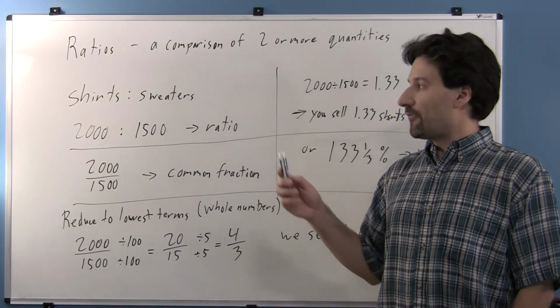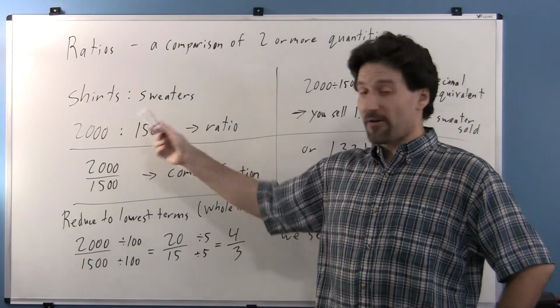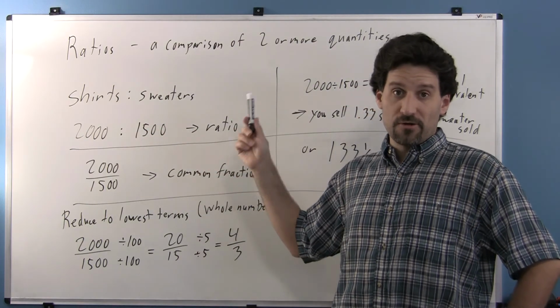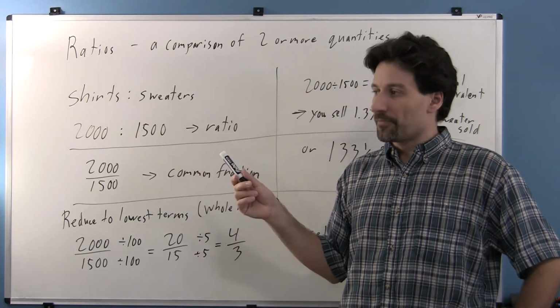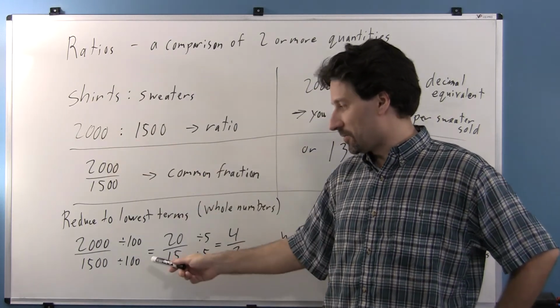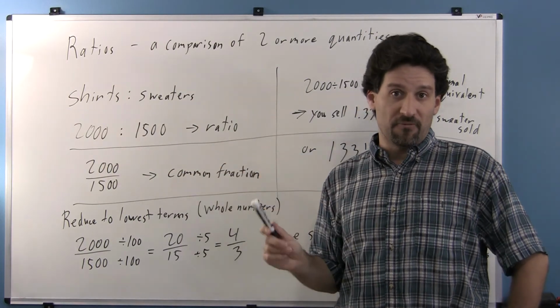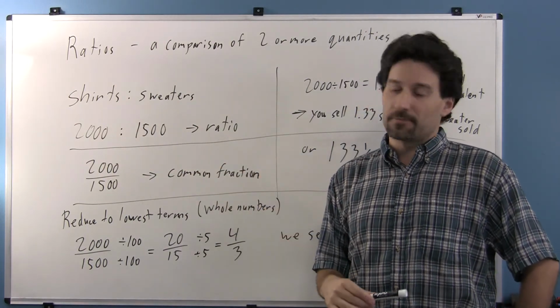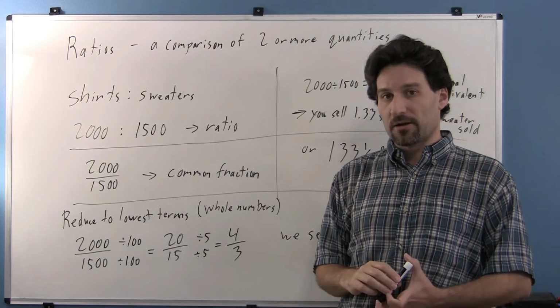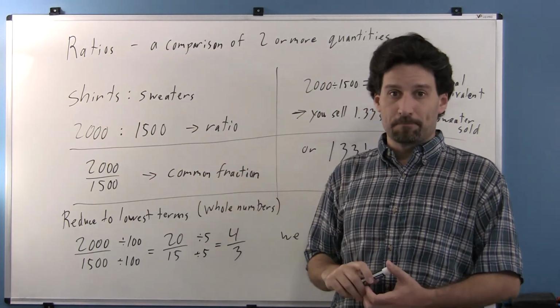Now, if we apply it to a ratio, the main thing is, if we have more terms in the ratio, 3 or 4 or 5 or 6 or whatever, if you divide one of them by some number, like 100, you have to divide all the terms by that same factor. That's the biggest thing. So if you're simplifying a ratio down, you just have to make sure that you're keeping all the relationships the same.